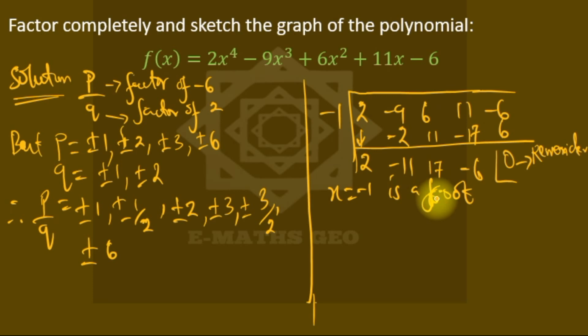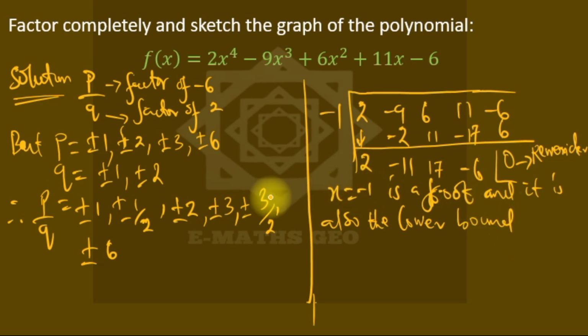You see that it is a root and it is also the lower bound. We've done the lower bound theorem. Lower bound means that there are no other roots here that are less than -1 for this polynomial function. Yes, the lowest root here is -1.